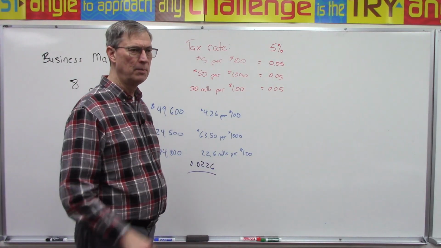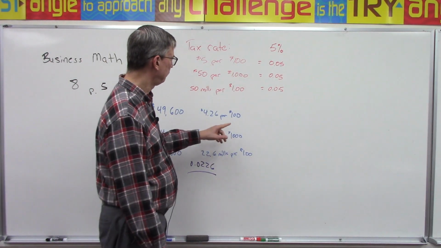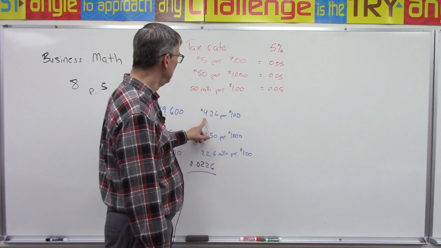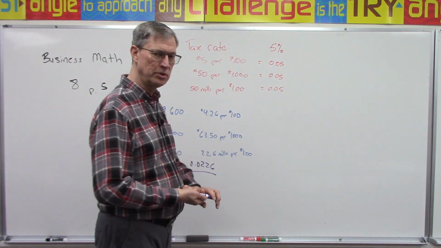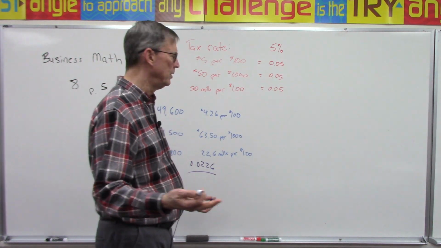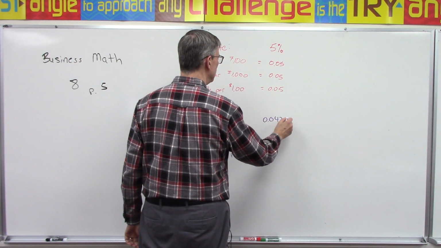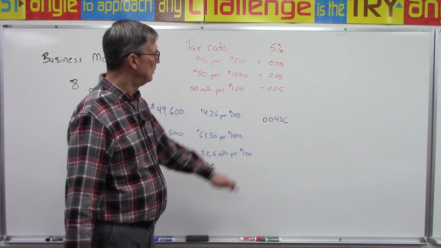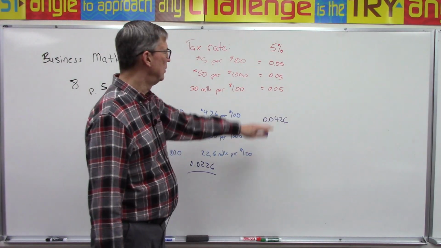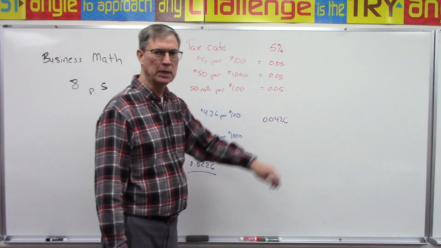But let me show you another method. If I realize 4.26 per 100, I could just take 4.26 divided by 100, and I'm going to get 0.0426. That's the decimal, just like we have up here. Instead of 0.05, I have 0.0426.